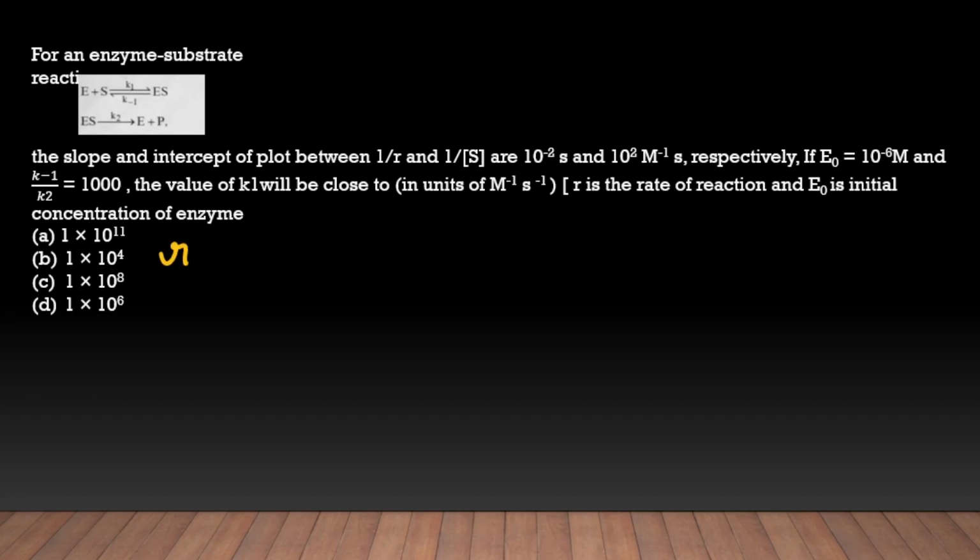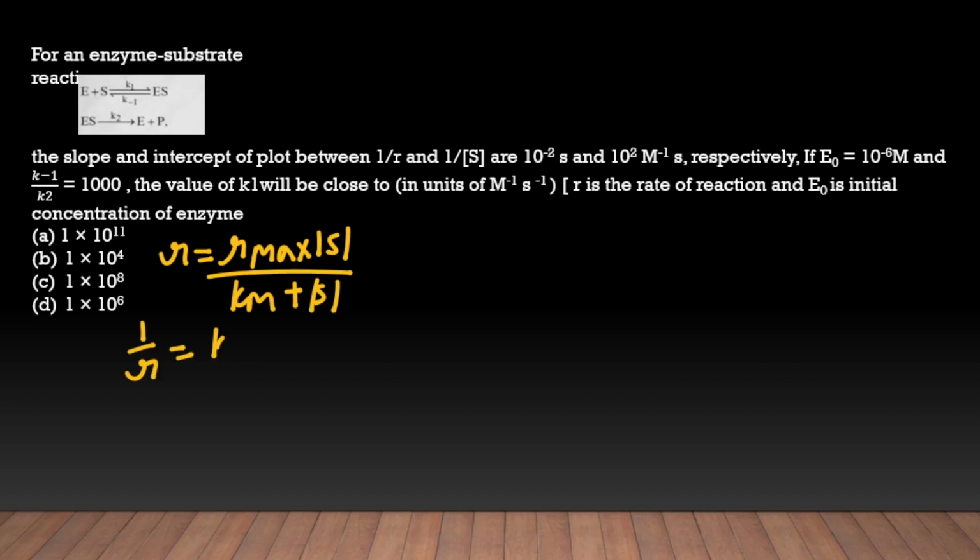So, Michaelis-Menten constant: for an enzyme catalyzed reaction, the rate is R max into S upon Km plus S. So 1 by R equals Km upon R max into 1 by S, plus 1 by R max.